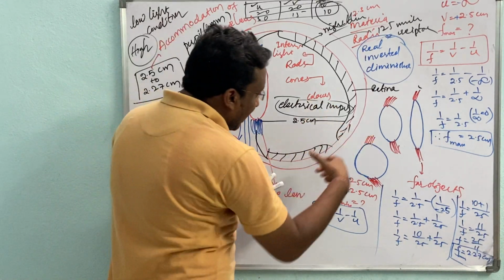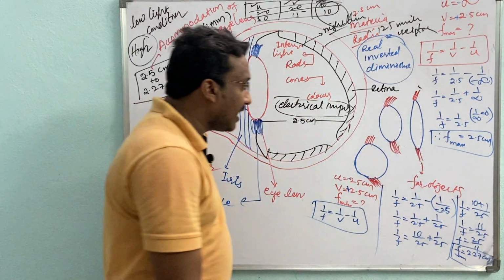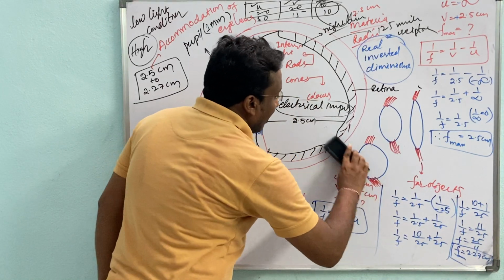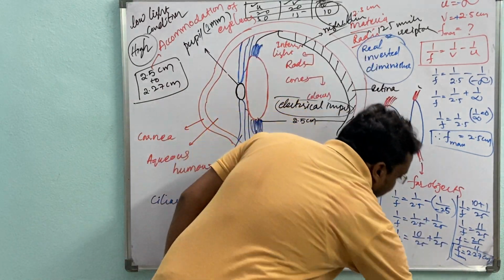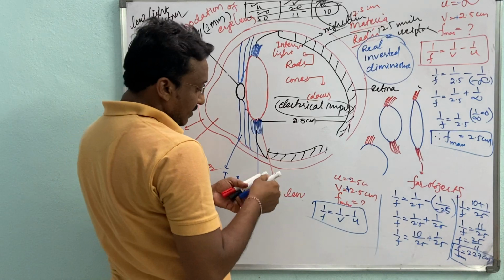And the retina is connected with millions of optic nerves.